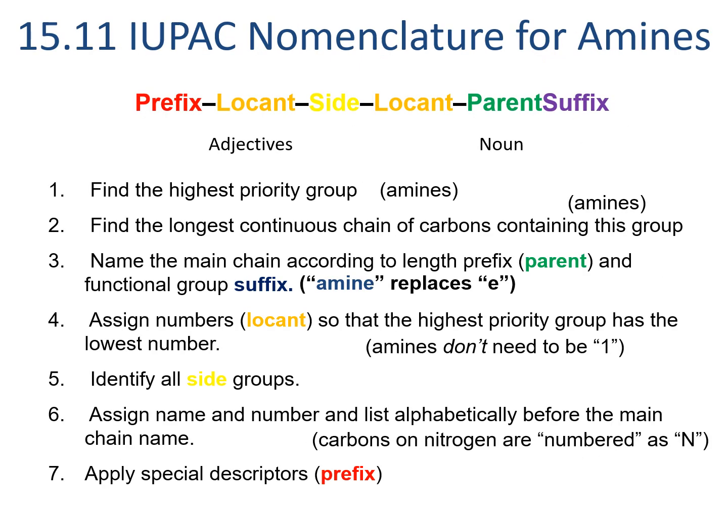When we name an amine, it will follow the same pattern of IUPAC, that is systematic nomenclature, that we've seen everywhere else. Amines are actually lower in priority than alcohols, but in this class we'll only do examples where the amine is the main chain, if it's present. Amines are easy to recognize in IUPAC nomenclature, since amines always make their way as a full word into the name, replacing the final E of the corresponding alkane, alkene, or alkyne.